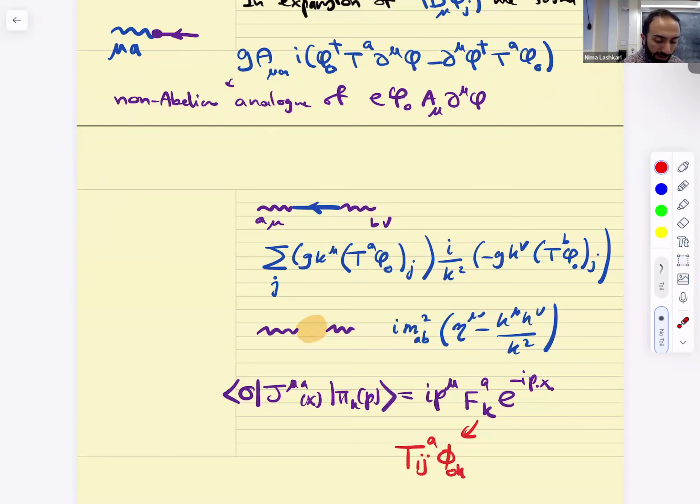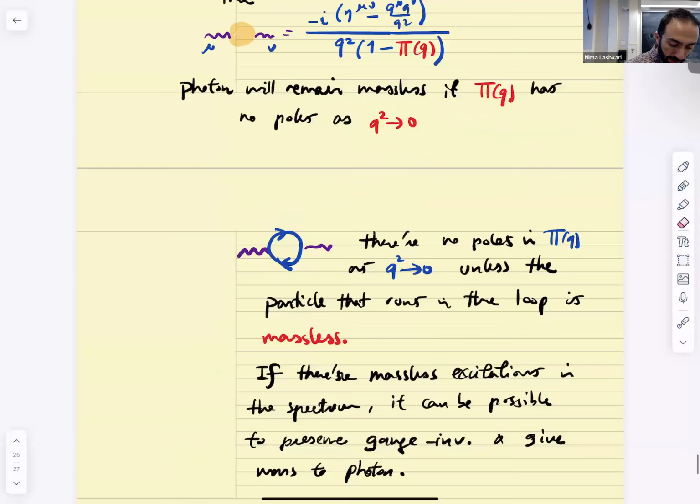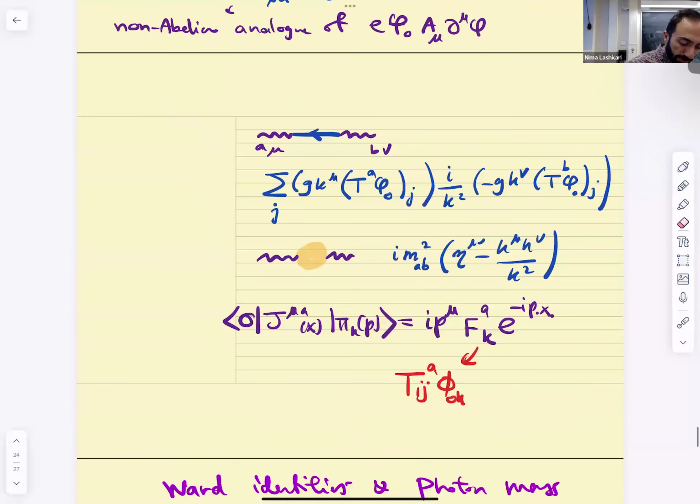As before, actually, B. Sorry, do I want to write it this way? I think I want to put a B in here. Yeah, I want to put a B in here. What is K? That's a dumb label, sorry.